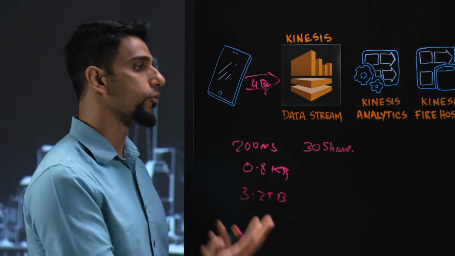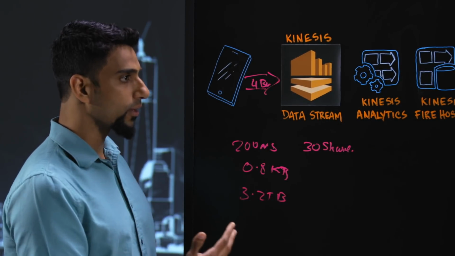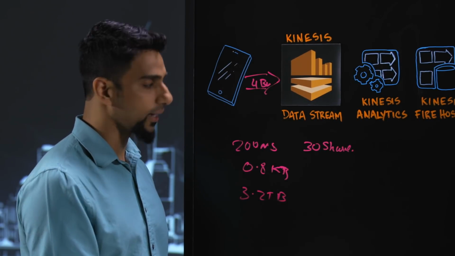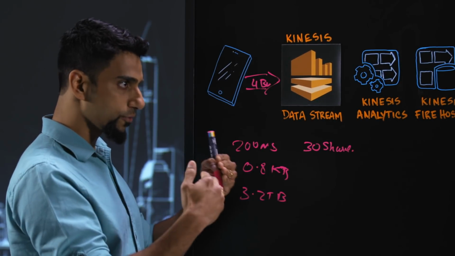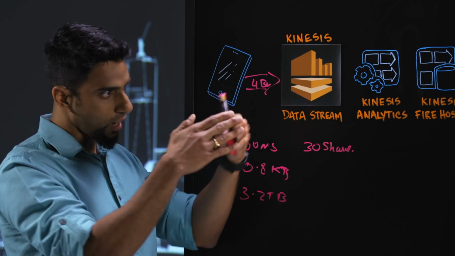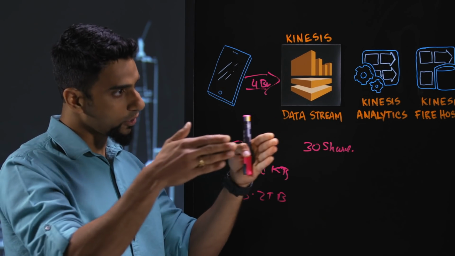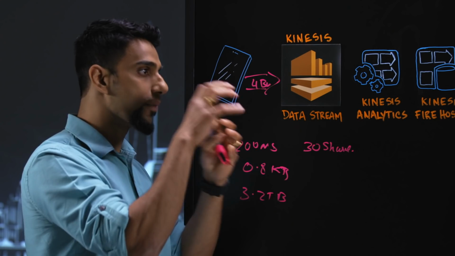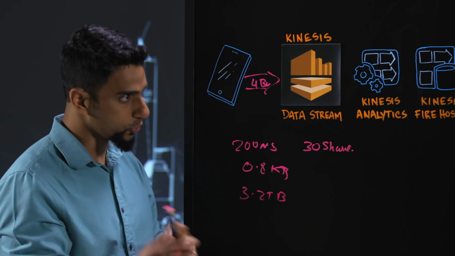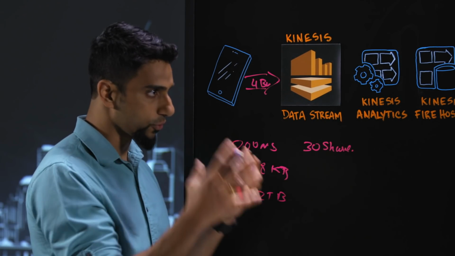Assume you were looking at that for 4 seconds. At 200 milliseconds, you're looking at 20 records. What we really want to find out is how to stitch these 20 records together into one coherent ad view session, meaning your start and end, and how much you did as a user in those 4 seconds.